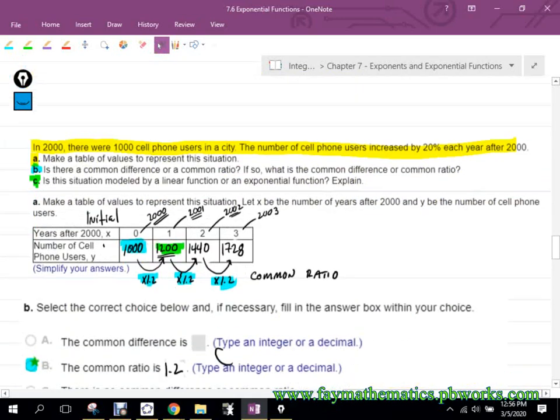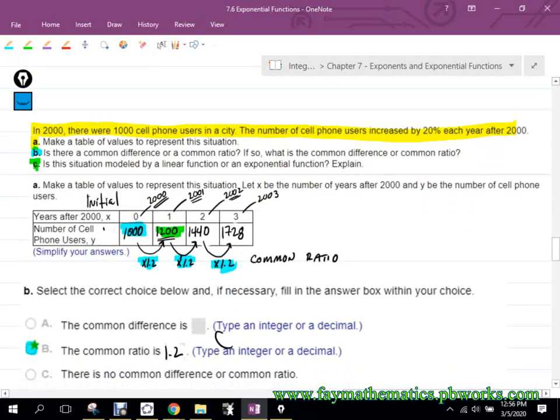Now this question does not ask us to do this, but I wanna make sure we can do this, and you'll see the purpose here in a moment. Let's write the equation that this yellow scenario is determining. And every exponential, once we decide it's exponential, should be of that form, right? That's why we want to look at that common ratio and then fill in parts B and C so we can make the argument.